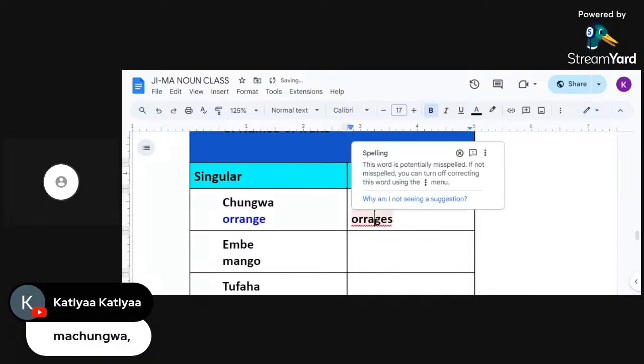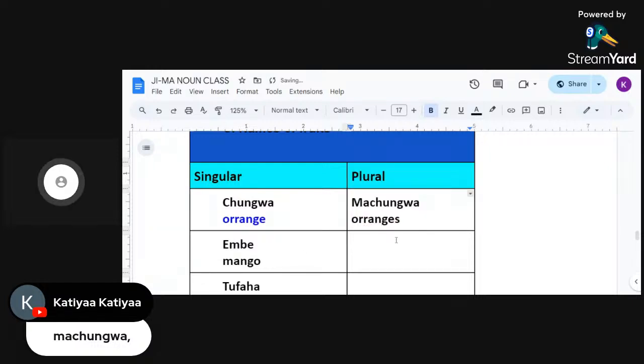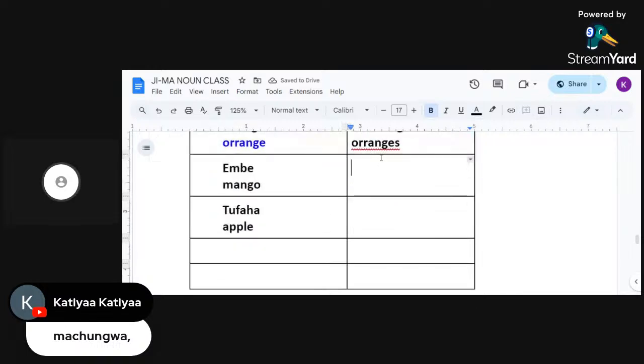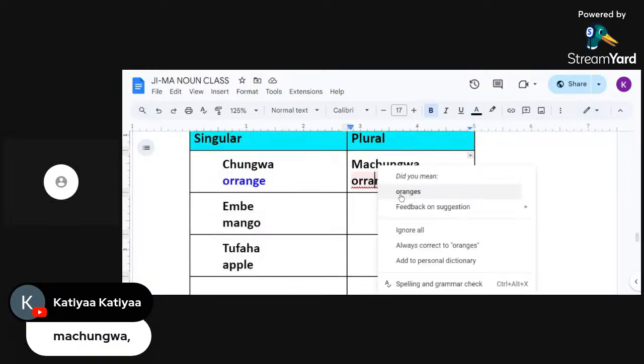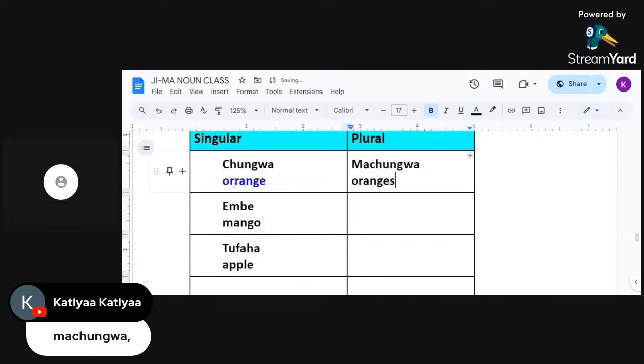Vizuri sana. Oranges, machungwa. Embe, the mango. Plural for mango. Machungwa, sawa, dada Beverlyn. What about embe?